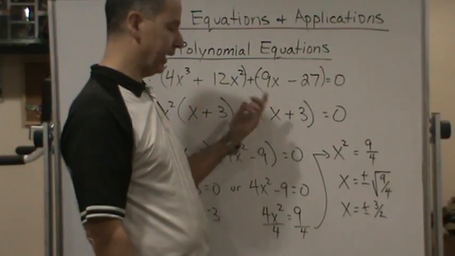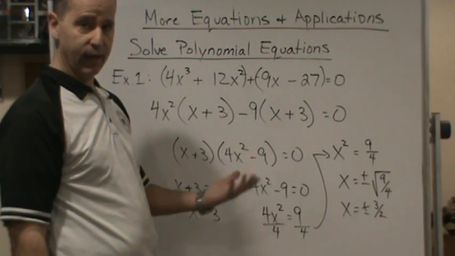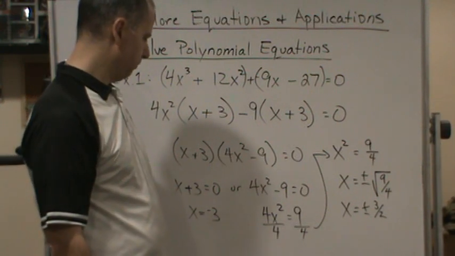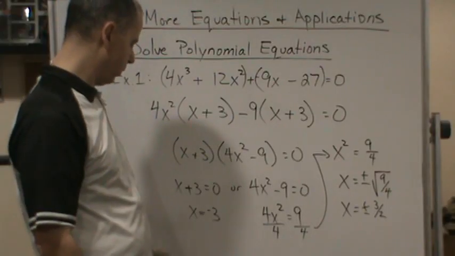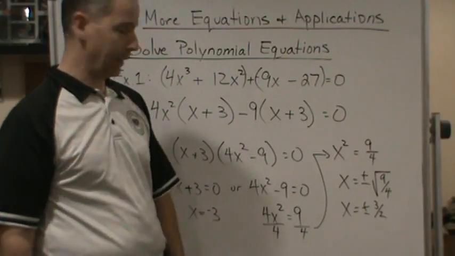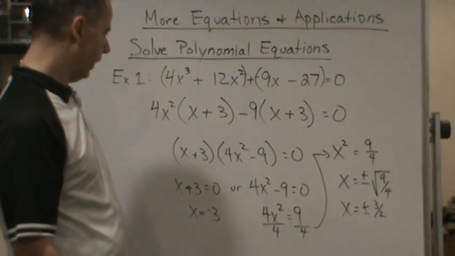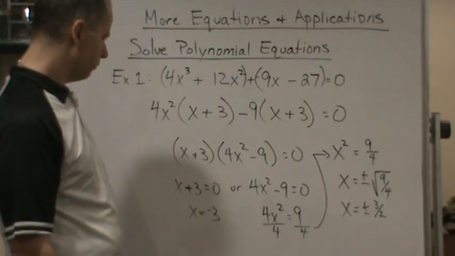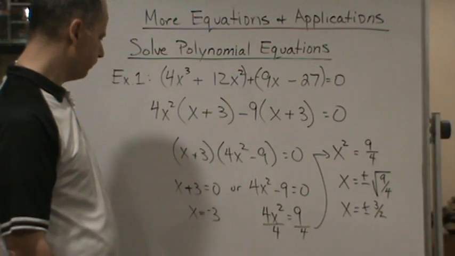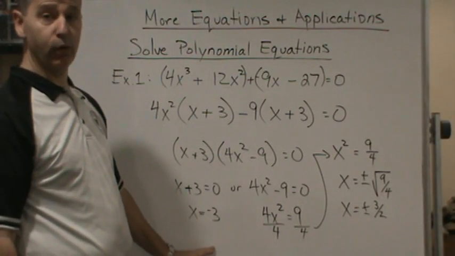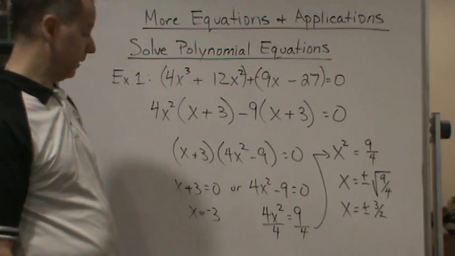If you plug it back in and get an undefined solution or a contradiction, then that would tell you that it's not a solution, even though you worked it out. So we'll see some examples of that. But if you come back and plug in all of these values here, they'll work out. But again, do it on your own, check it, make sure you understand.